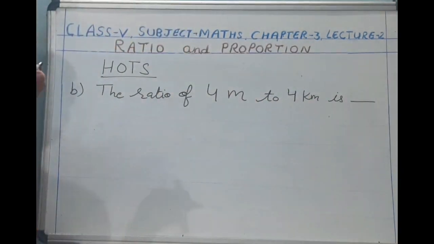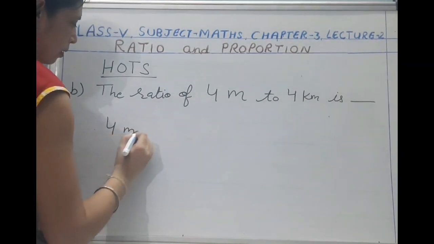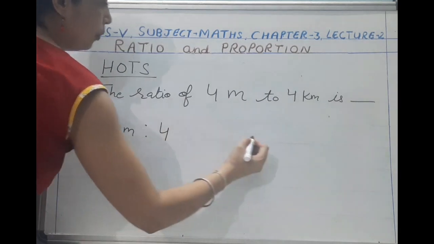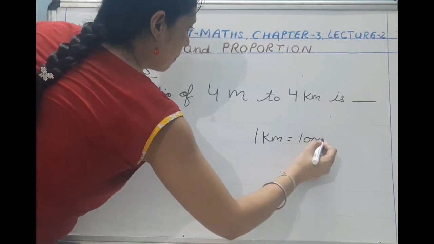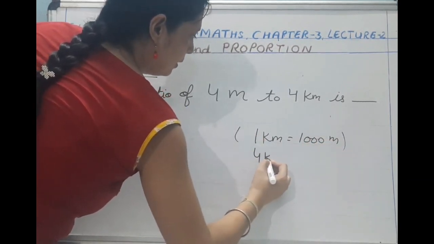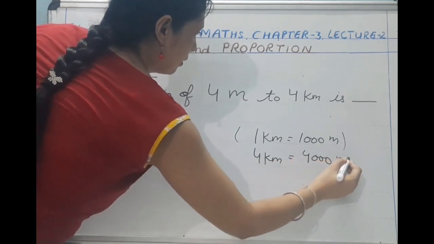The ratio of 4 meter to 4 kilometer. So 4 meter is 4 meter and 4 kilometer. We know that 1 kilometer has 1000 meters. So 4 kilometers has 4000 meters.